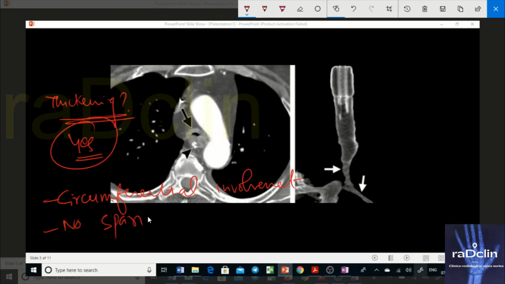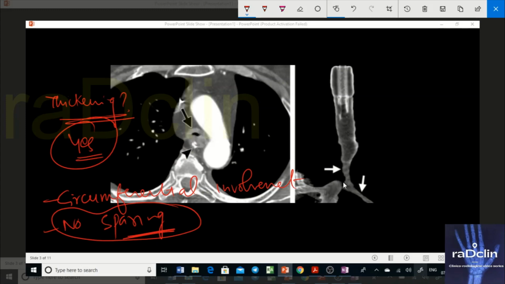That is important. It is completely involved. Now, what part of the trachea is it, intrathoracic or extrathoracic? Definitely it is intrathoracic, we are seeing lung.